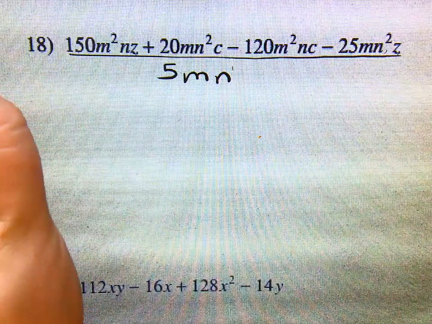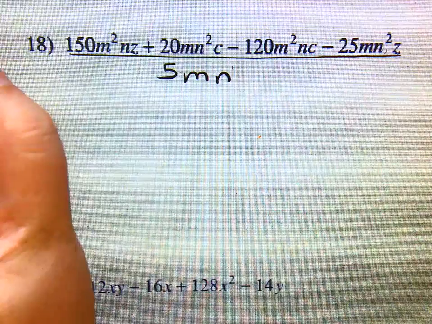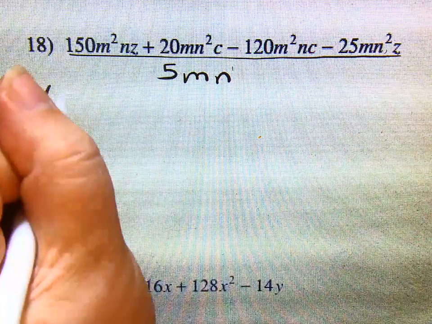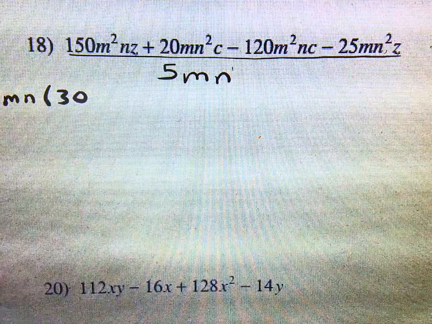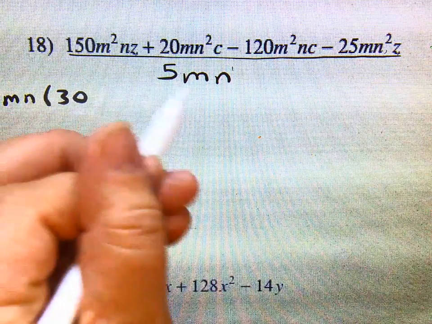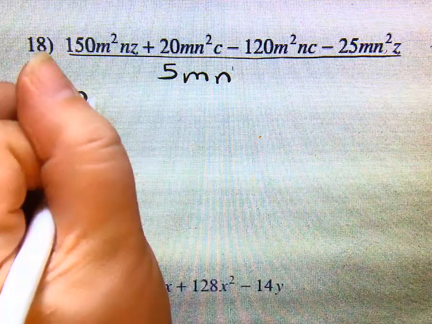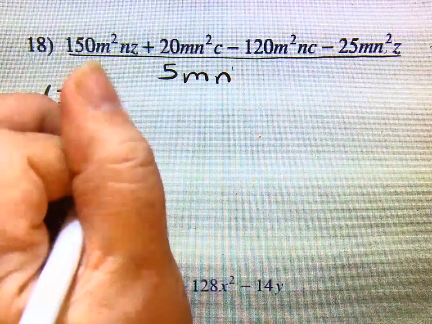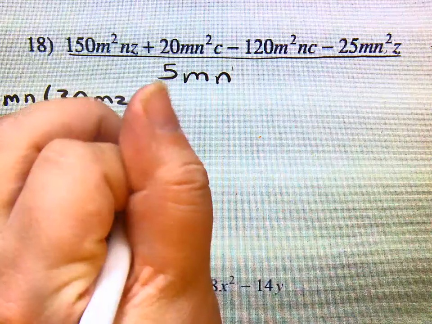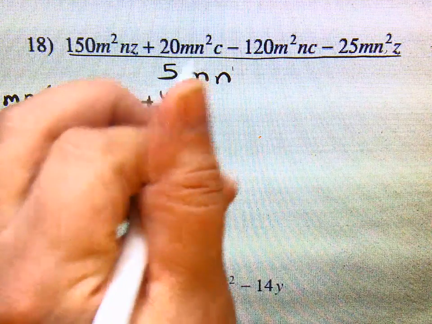So let's do 5mn, and I'm going to simplify. So 5 goes into 15 3 times, so it should go into that 30 times. If I divide 1m out, that'd leave me that. N would cancel, leaving me a z. 5 goes into that 4. M would cancel.